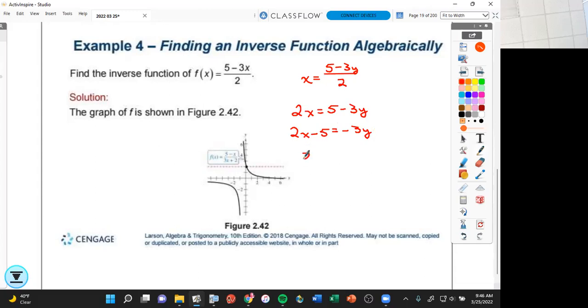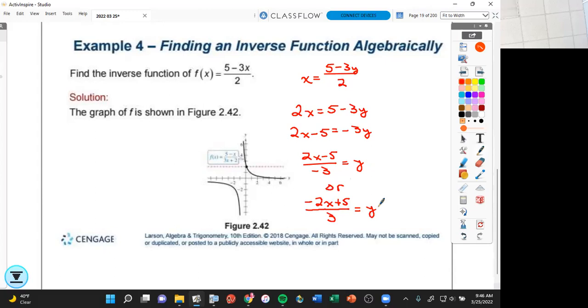So 2x minus 5 over negative 3 equals y. Is that good? Is that true? Okay. I would probably write it as negative 2x plus 5 over 3.